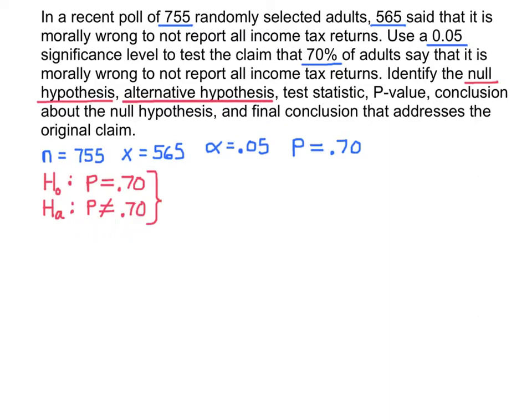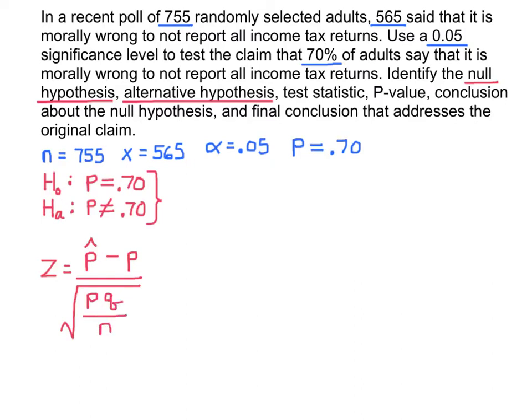The next thing we want to do is find the test statistic. Well, the test statistic is a z-score, and that is equal to p hat, which is our sample proportion, minus p, which is our population proportion as declared in our claim, divided by the square root of p from our claim times q, 1 minus p, divided by n.